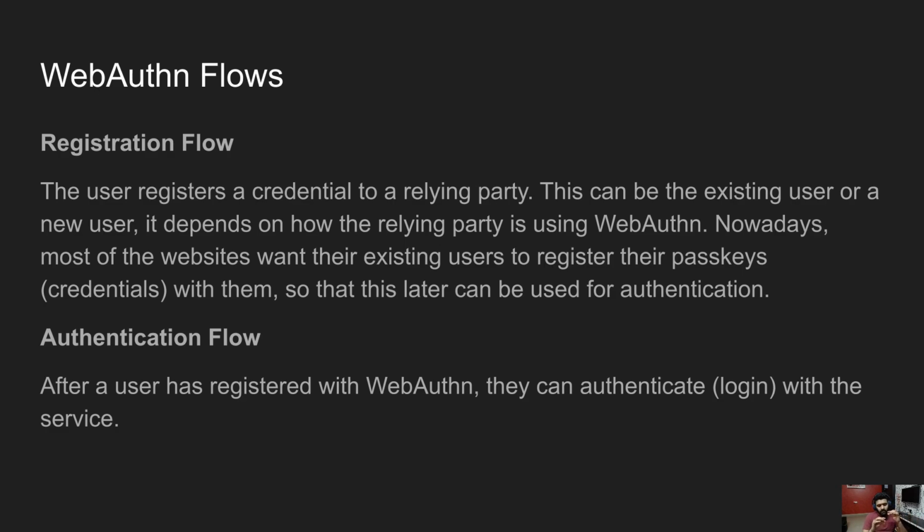The authenticator will generate a public-private key pair for the given relying party, username, and the website host name, these things. And in the authentication flow, it will sign some data using its private key, and the server will verify using its public key.